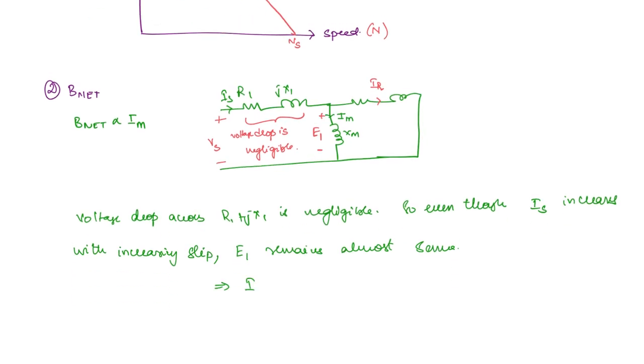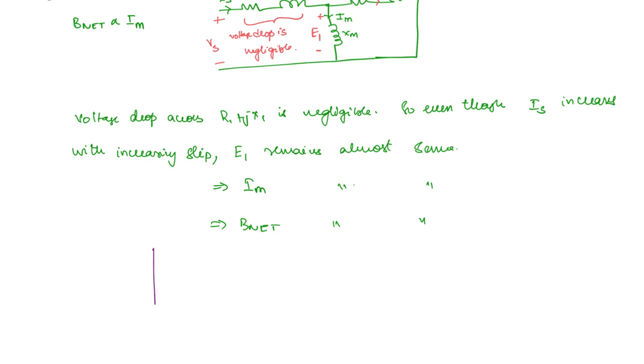This implies that Im remains almost the same, and finally B net remains almost the same. So if you draw a plot, you can take almost a straight line. Say this is B net and this is the speed, and this is going to be the plot of B net versus speed approximately.